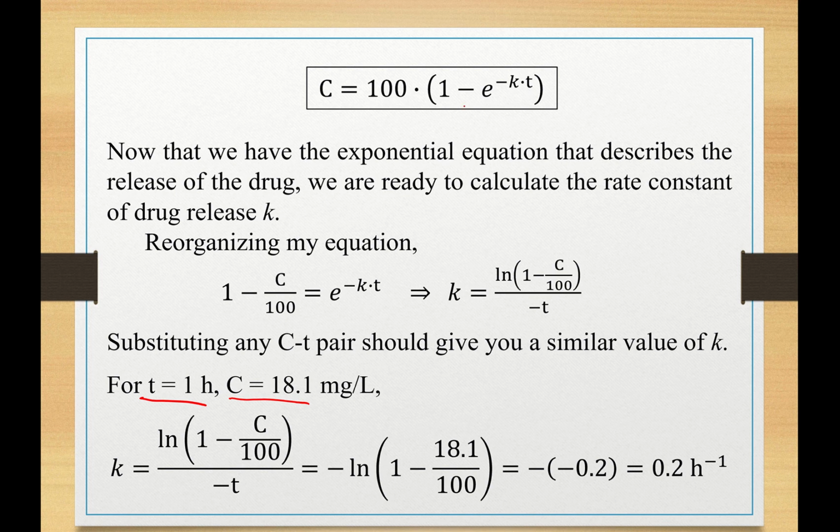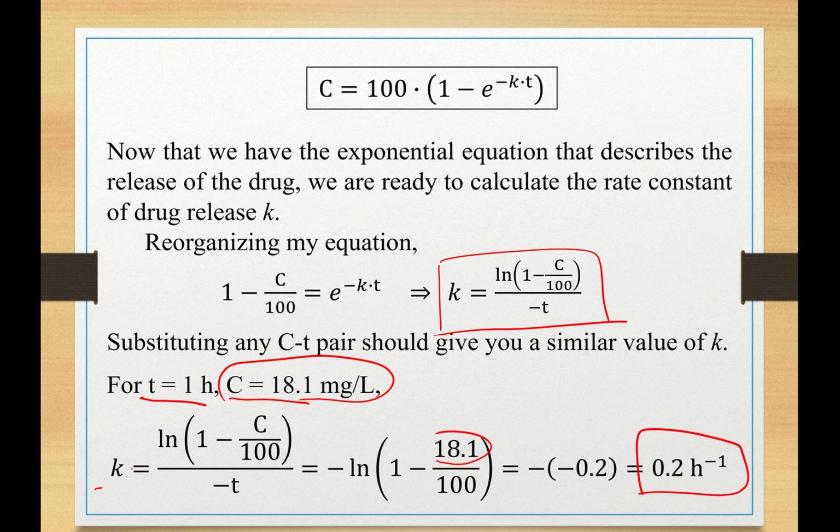And I have rearranged this equation and solved for k. And now I'm substituting the values, 18.1 for 1 hour. And the answer here is 0.2 per hour. So this is the drug release rate constant.